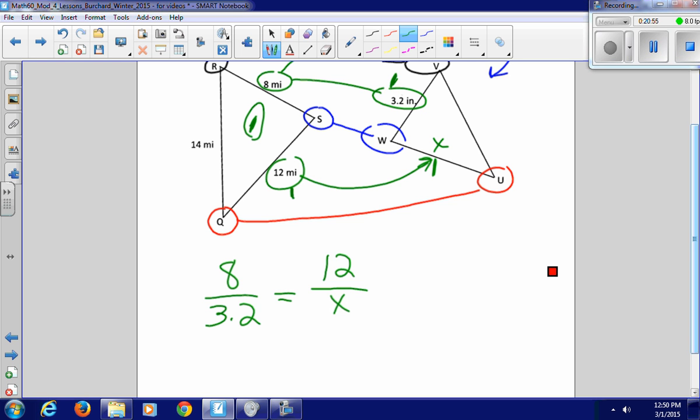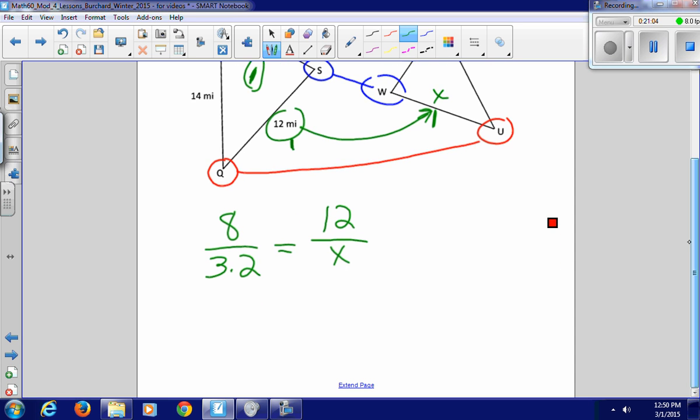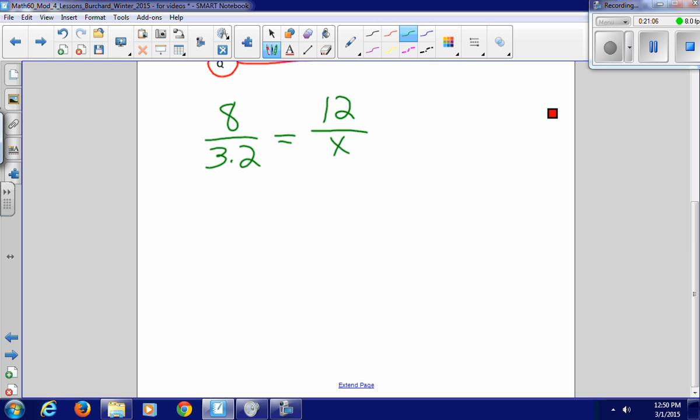So now that we have the proportion, that was the hard part. So be really careful setting up that proportion. The hard part is deciding what sides correspond. Solving the proportion is not the hard part. So you all know how to do that. You're going to do your 2 cross multiplications.